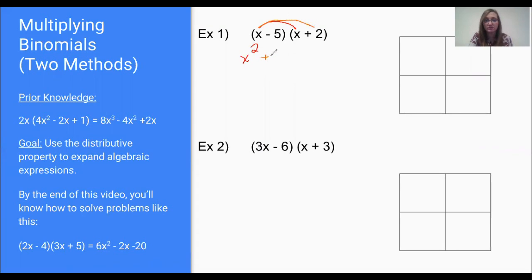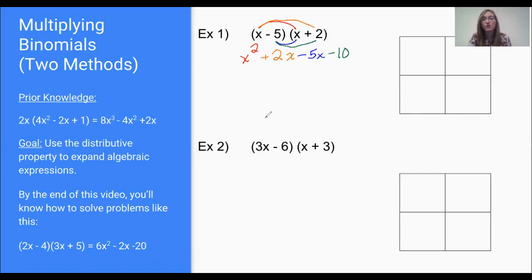So that'd be positive 2x. Then the next thing is for us to multiply the negative 5 times x. So that'll give us negative 5x. And then the last step is for us to multiply the negative 5 times the positive 2. So that'll give us negative 10.